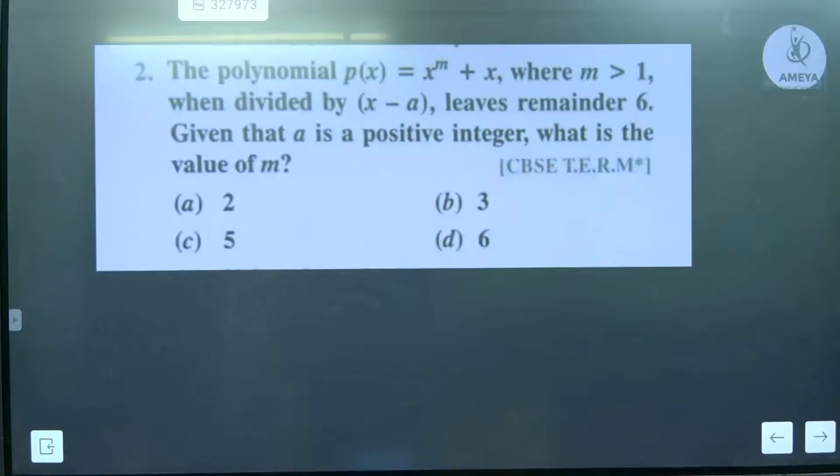When divided by x minus 1, given that a is positive, they are asking, leaves the remainder 6.